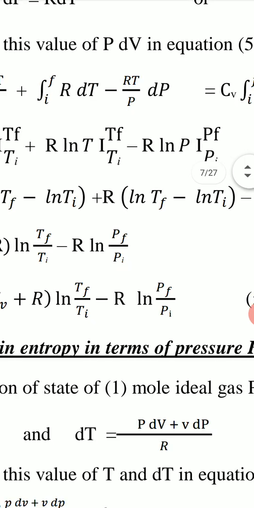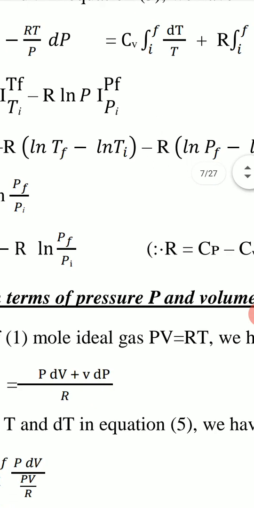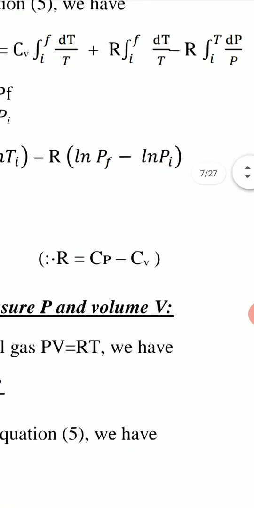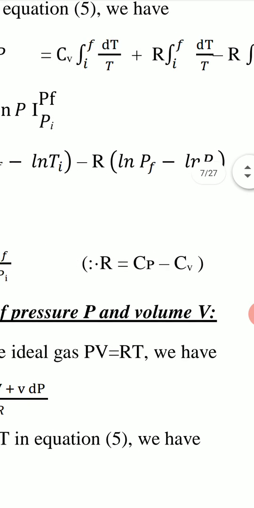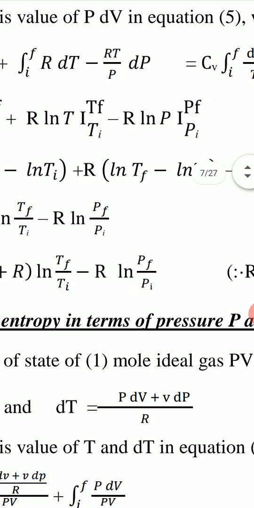T here is cancelled out and the remaining term becomes R integral dP upon P with a minus sign.